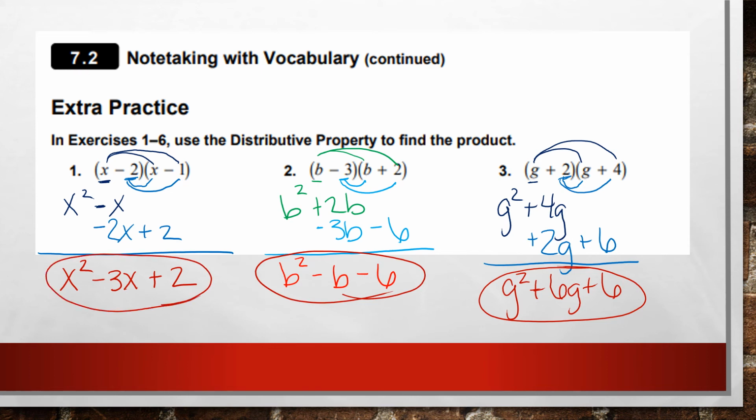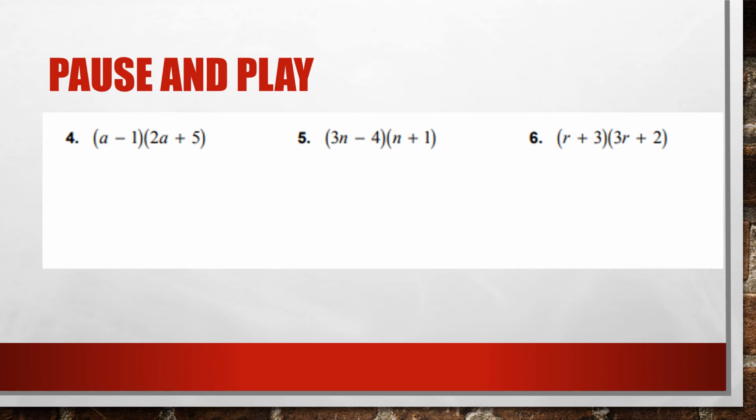Right. So I urge you at this point, if you had any questions, to go back and watch without writing so you can take care of any issues you may have had. And this one, I would like for you to pause the video, try number 4, and after you have a final answer, then play it and see if you got the right answer. So pause the video now.